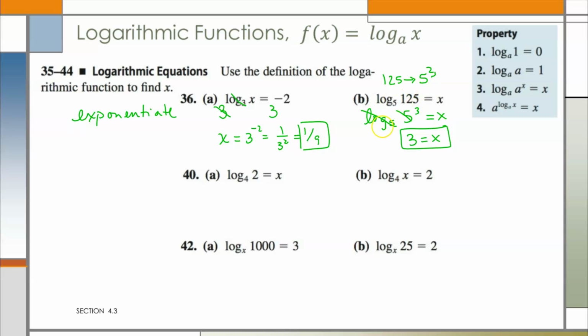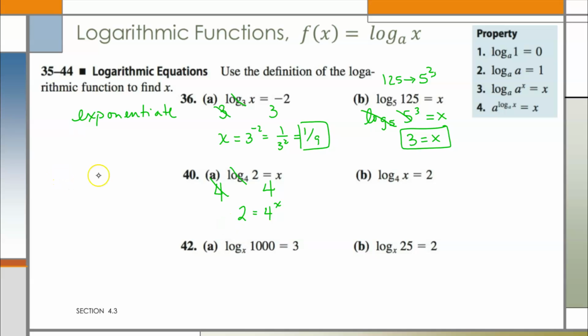Okay, so this doesn't work all the time. Let's see what happens. Log base 4, we're going to exponentiate base 4. Those cancel out, and so we're looking at 2 is equal to 4 to what power?